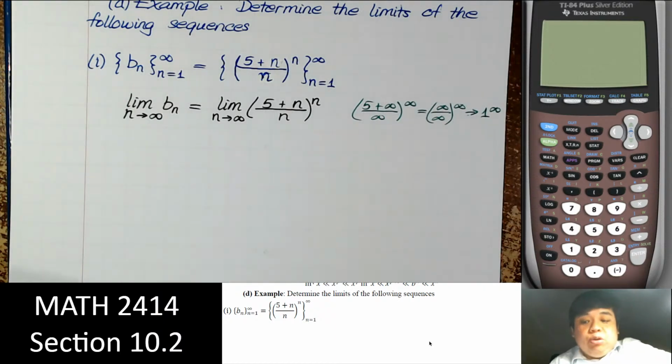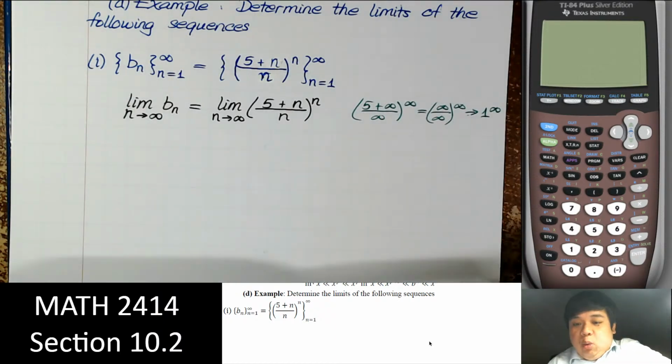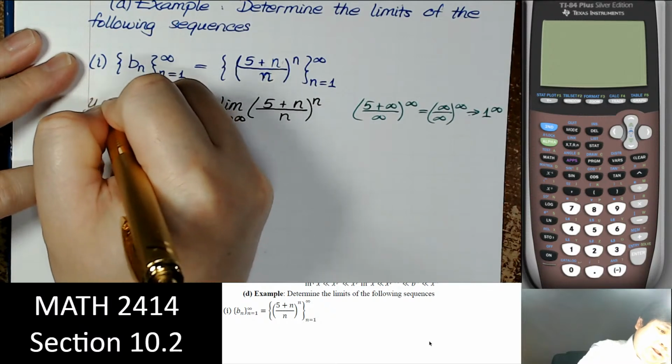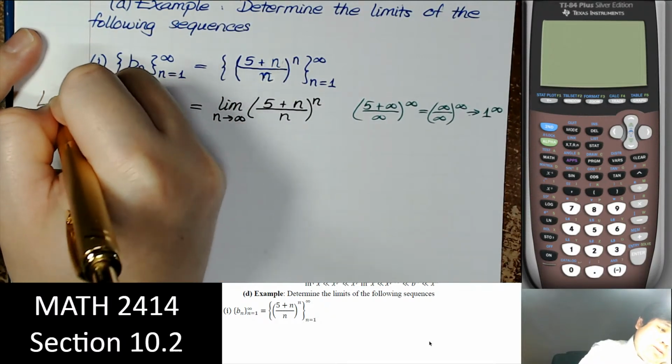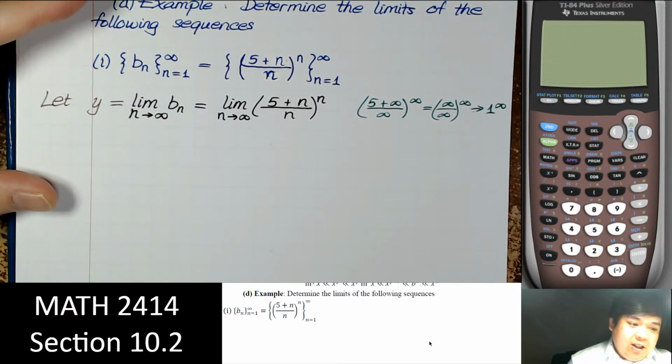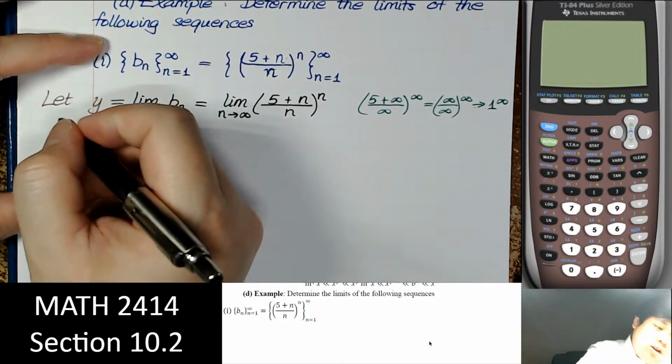Right. So to do that, what we do is we're going to let y equal to it. So let y equal to that limit. And then we'll take ln on both sides.